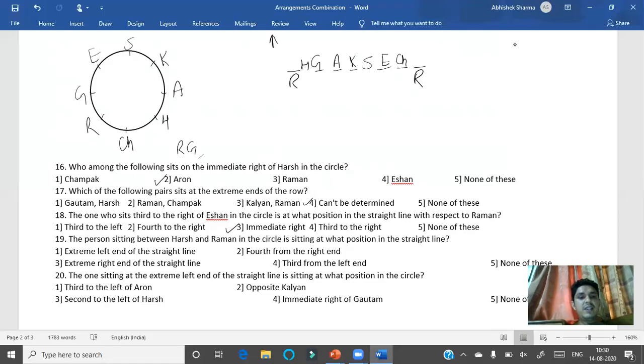Thereafter, question number 19, the person sitting between Harsh and Raman in the circle, that is Champak, is sitting at what position in a straight line? Champak. So extreme left end of the straight line? No. Thereafter, fourth from the right end?